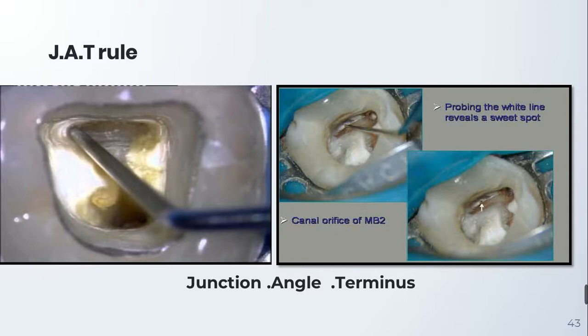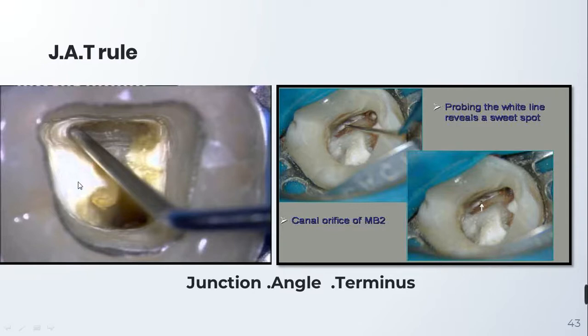The first law of orifice location says the orifices of the root canals are always located at the junction of the wall and the floor. Coming to the second law, the orifices of the root canals are located always at an angle in the floor-wall junction.